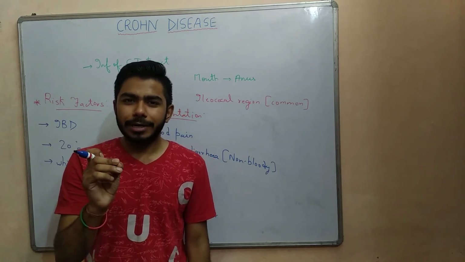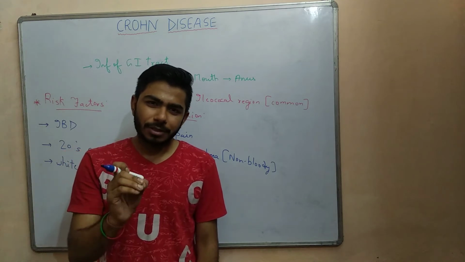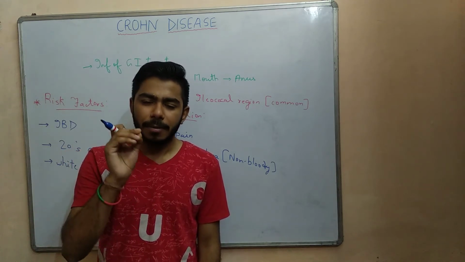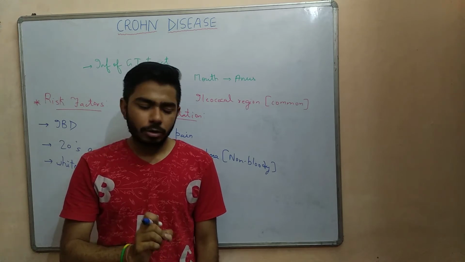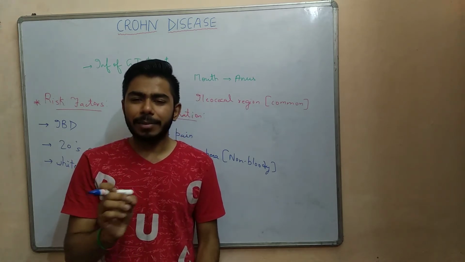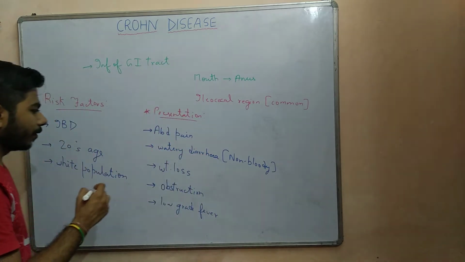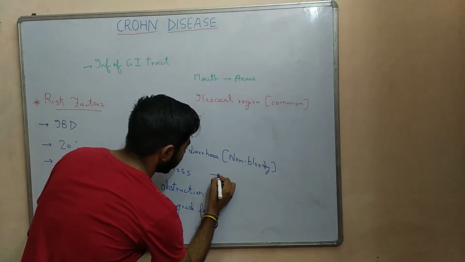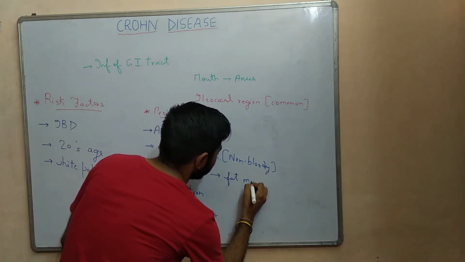But very important is that in some patients, vitamin B12 deficiency can be there, or even fat soluble vitamin deficiencies. So overall you can say that multivitamin deficiencies can be there in such patients. I would like to mention over here that fat malabsorption can be seen.